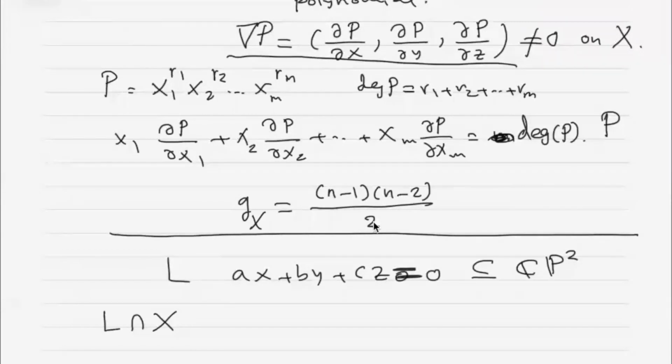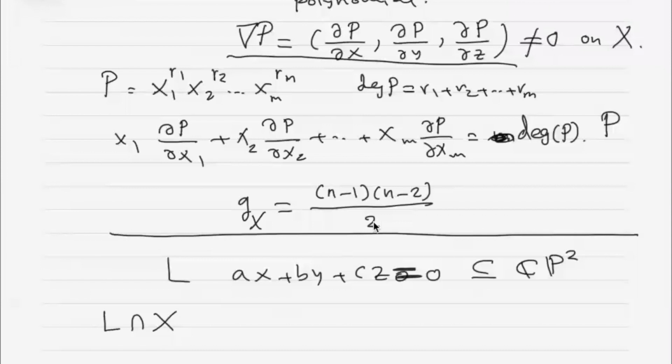And in fact, if you count the multiplicities of these intersections, you will get n, which is exactly equal to the degree of the equation that defines X. The reason is that there is a theorem by Bezout that says if you intersect two curves, the number of points in common is equal to the product of their degrees. And you have a degree 1 and a degree n, so you get n points.